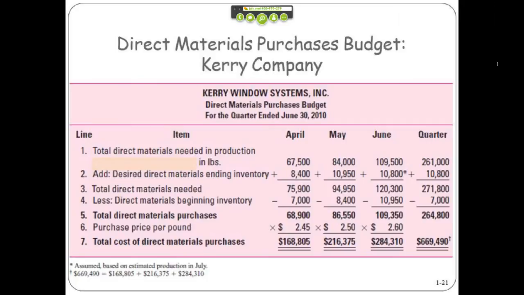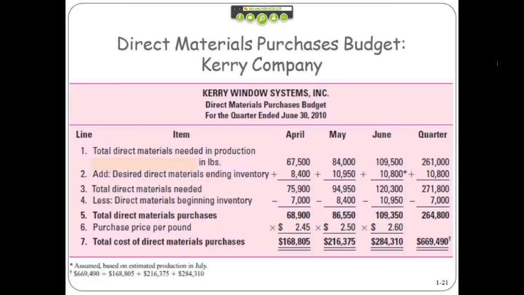Plus there's some level of desired ending inventory. Not exactly equal to 3 times the production inventory. In fact, it's unrelated. It's how much inventory you think you want to have in hand of your direct materials.